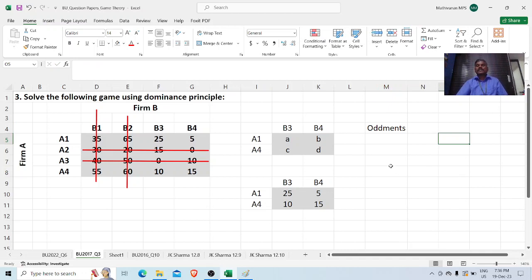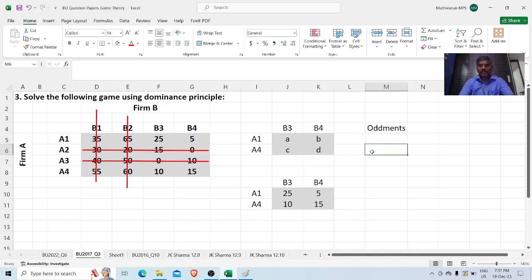First, we will take the difference of A and B and modulus. We will take modulus of A minus B and write across the second row.